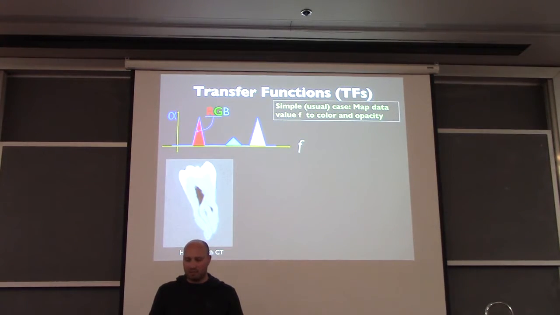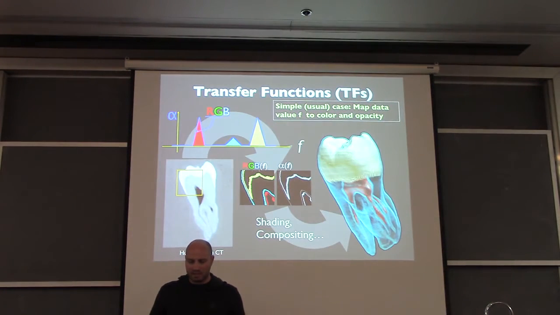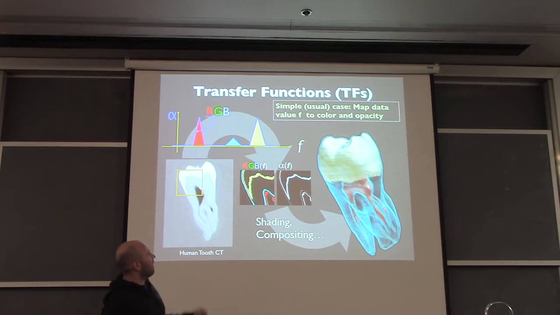So the simple example is usually to map the data value f to some colored opacity, and once you do exactly what the volume rendering algorithm in the previous slides did and blend everything together, and have shading as well, you'll end up with an image like this.